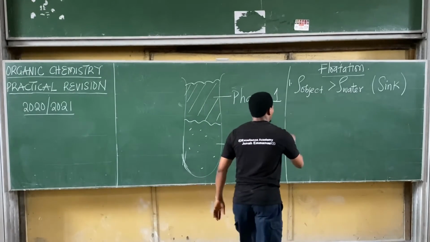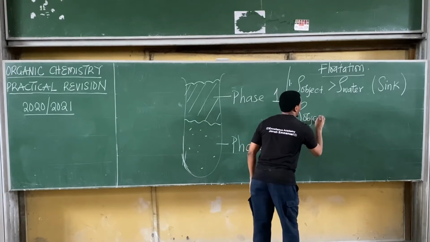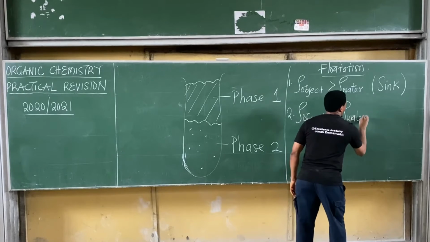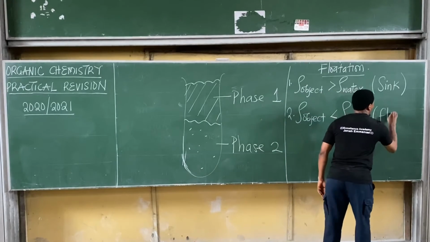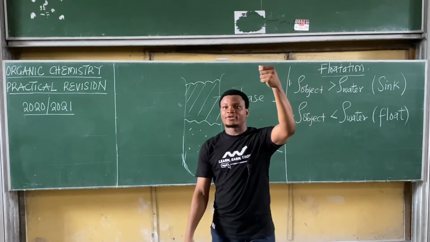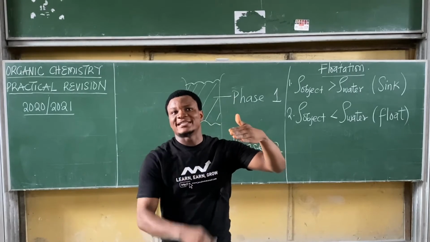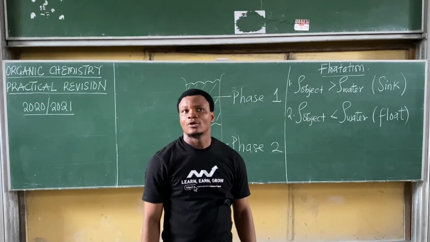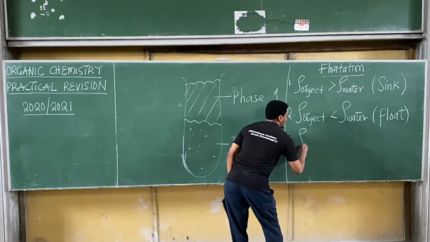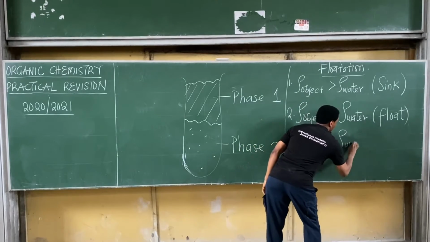Number 2, if the density of an object is less than the density of water, this object will float. That's why if I drop a leaf on top of water, it will float. Why? It's so light and it's less dense than water. Number 3, what if the density of an object is equal to the density of water?